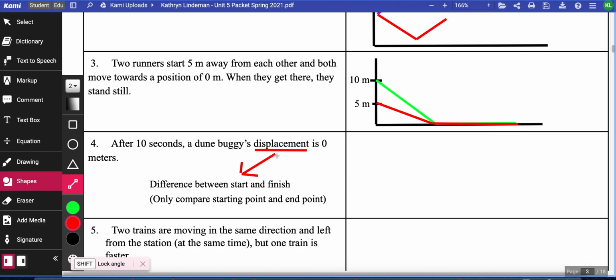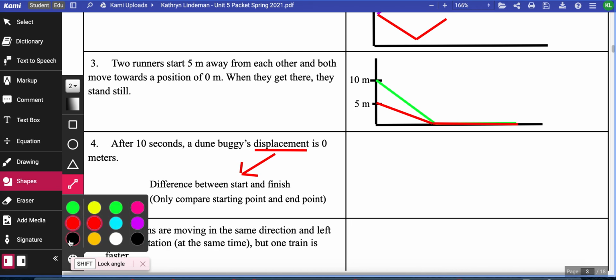If I start in my chair and I stand up and walk all the way around, and then I end up 1 meter away from my original location, my displacement is 1 meter. Okay, so all we care about with displacement is the start and the finish.